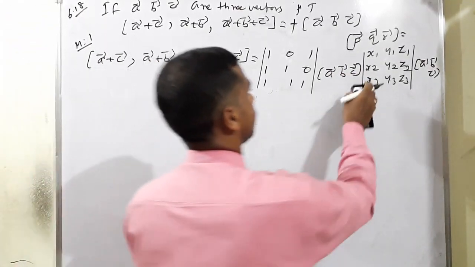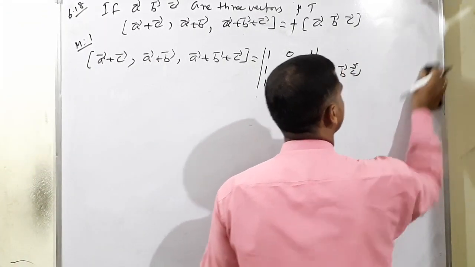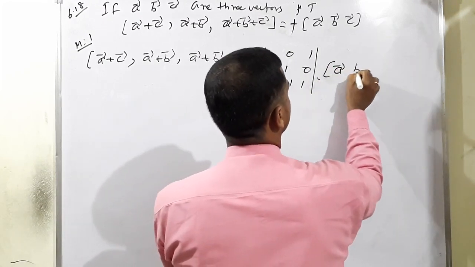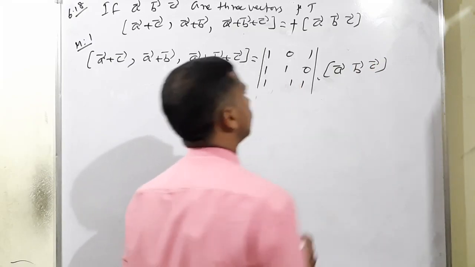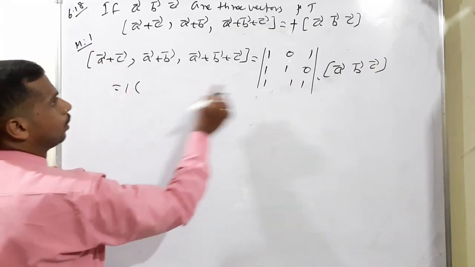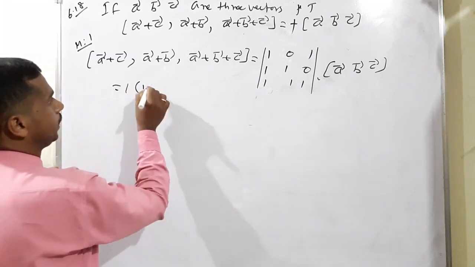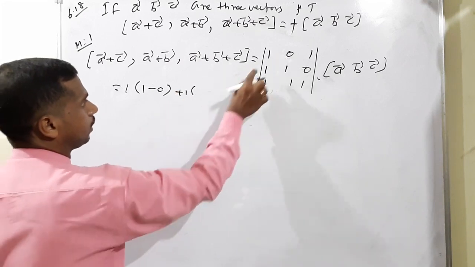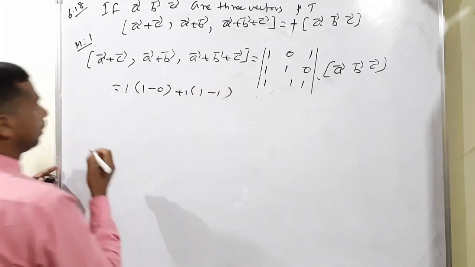This is for your understanding. Now simplify. Simplify means 1 into (1 times 1 minus 0). Then the second term is 0, so no need. The last term is 1 into (1 times 1 minus 1).